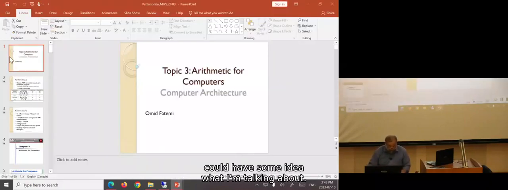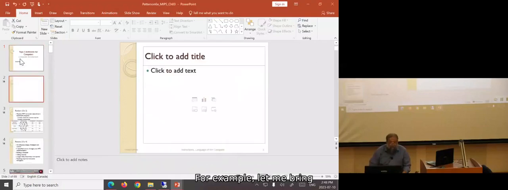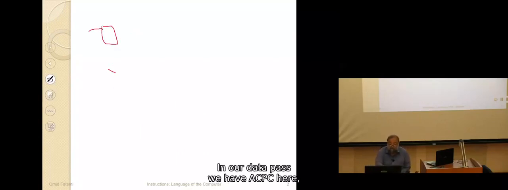Then maybe you could have some idea what I am talking about. For example, let me bring this. What I mean, we have a data path. In our data path, we have a PC here, then instruction memory, the instruction coming here.